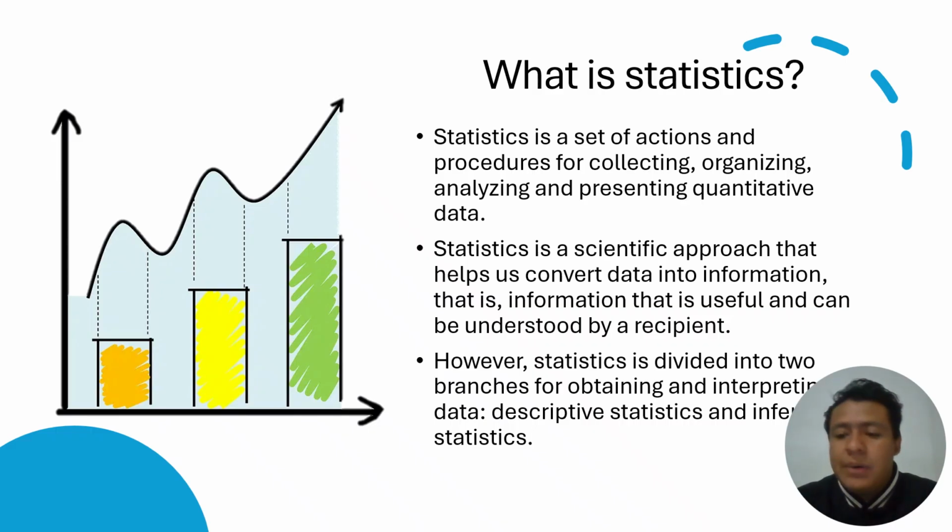Therefore, various methods are used to obtain results with the aim of investigating a topic of interest, predicting phenomena or events, and knowing how to control them. However, statistics is divided into two branches for obtaining and interpreting data: descriptive statistics and inferential statistics.